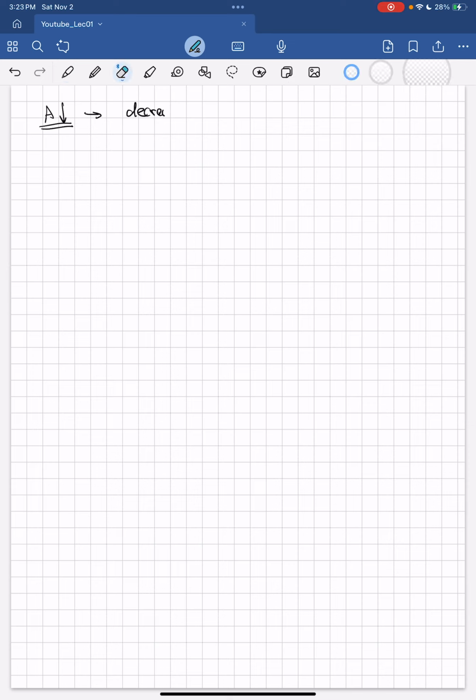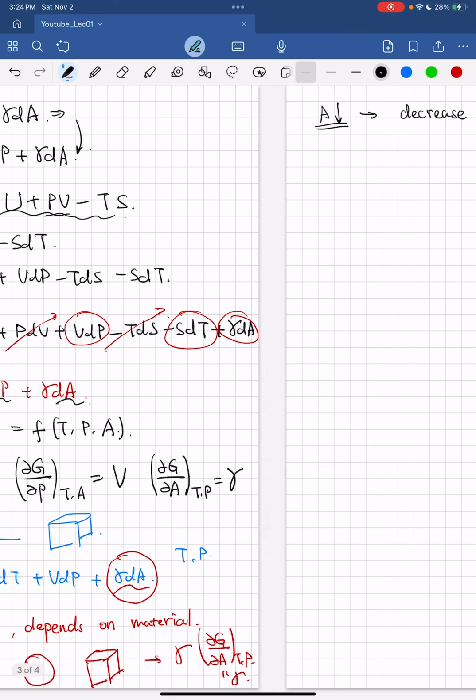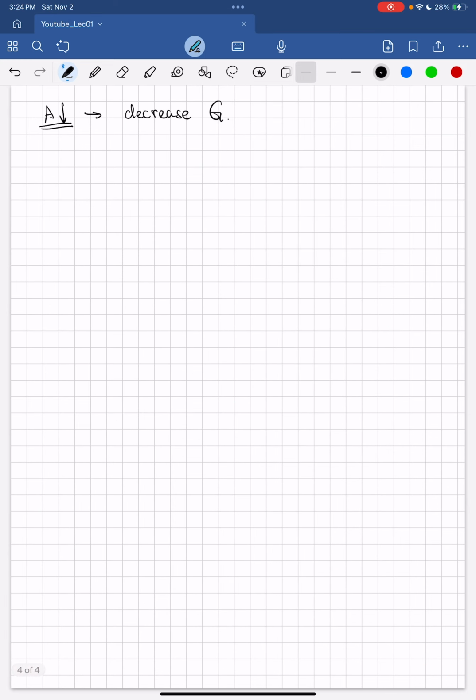Then we can finally get our definition for surface energy.